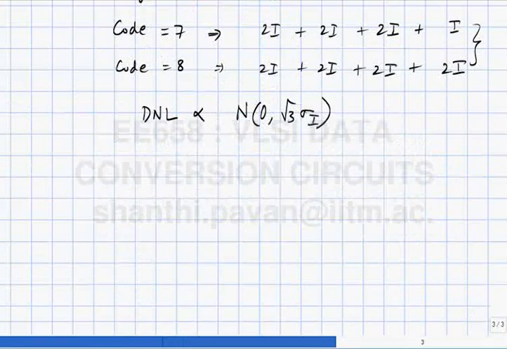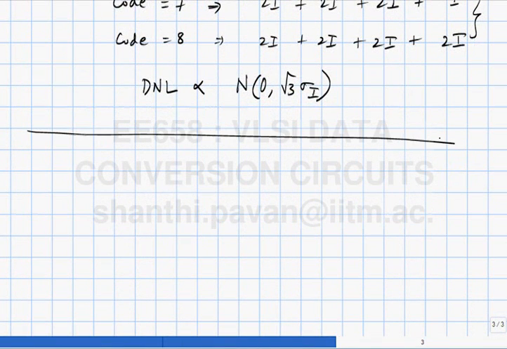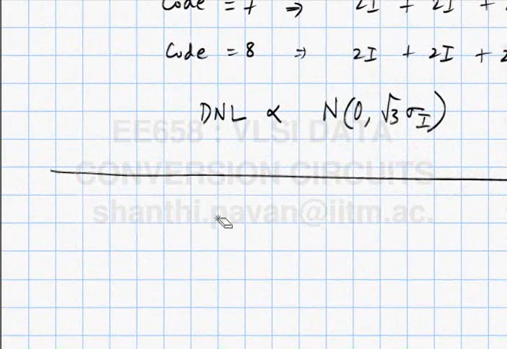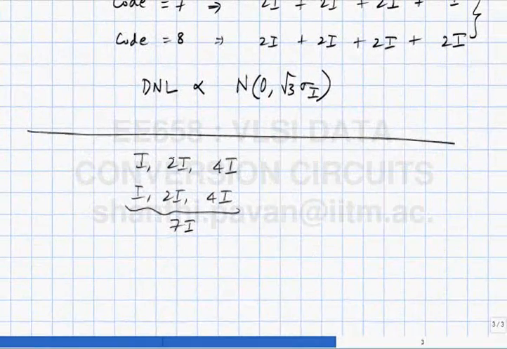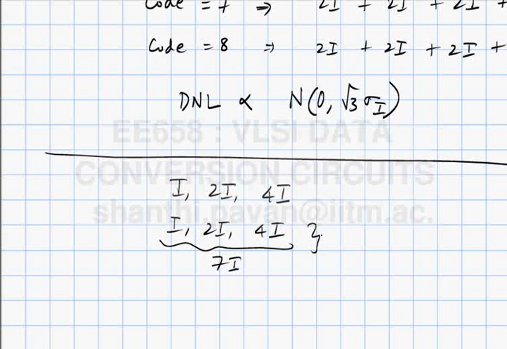Yes, sir. So the question is, why don't we do this: you have 2 DACs, one which is I, 2i and 4i, and another DAC. If one is always on, this is 7i, controlled by B3, is that what you're saying?